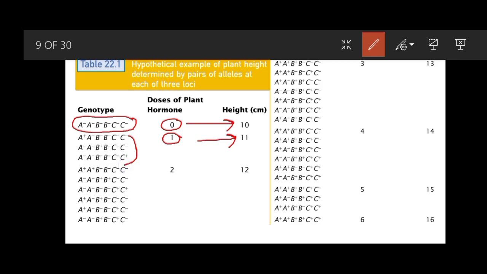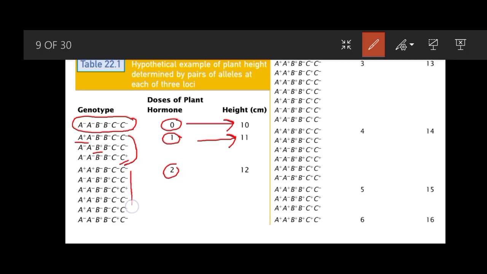In these three genotypes, an A plus, B plus, or C plus gene from one of the loci is present. The A plus is present in this genotype, B plus is present in this genotype, and C plus is present in this genotype. So these three genotypes are giving rise to a single phenotype. Similarly, when two doses are present, it means that two plus alleles are present in each genotype.